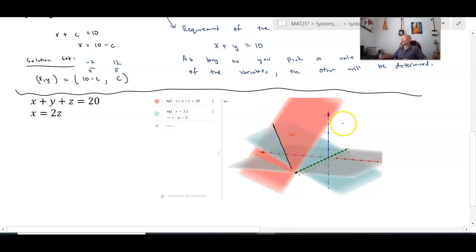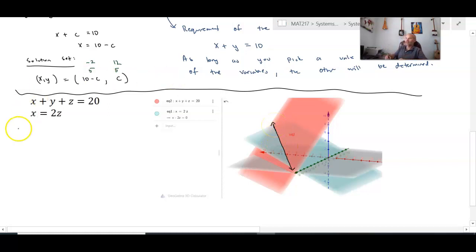Now, these planes go on forever, but it would be very hard to create a graphic that shows that, so we just draw them as sheets of paper. And this intersection goes on forever because this plane keeps on going outwards forever, and so does this one here. And therefore, even along that short line, there are infinitely many points.